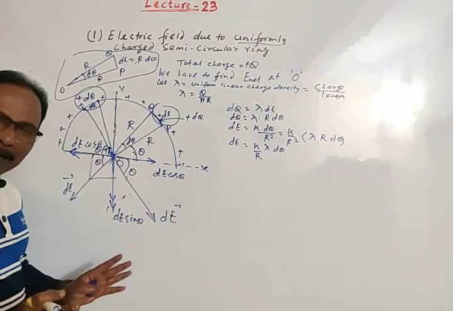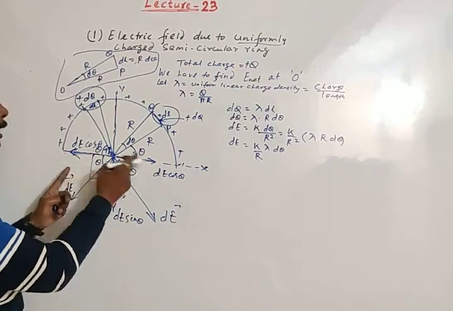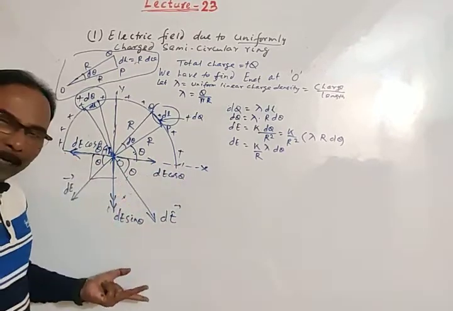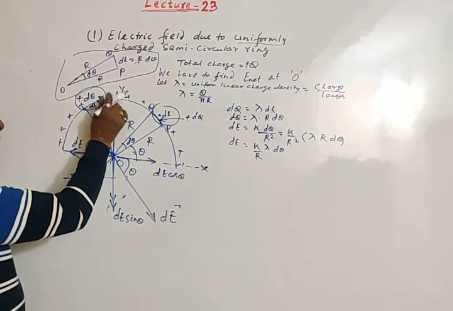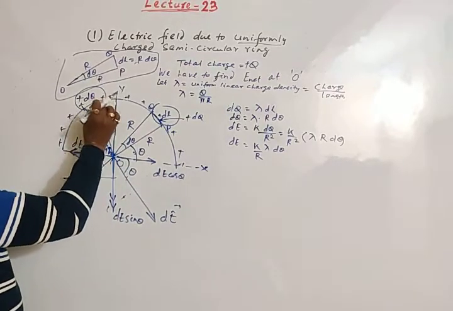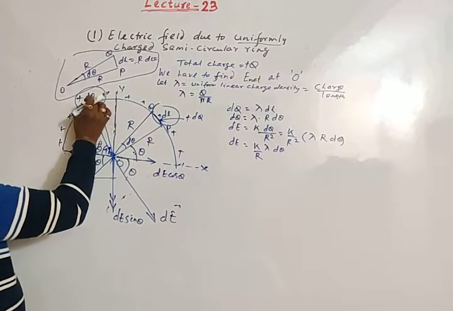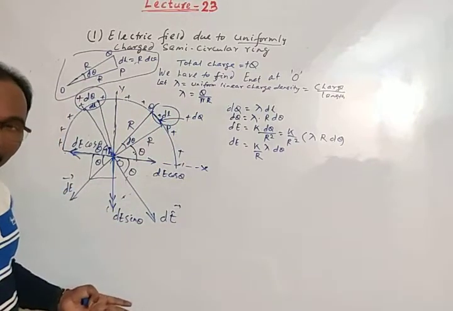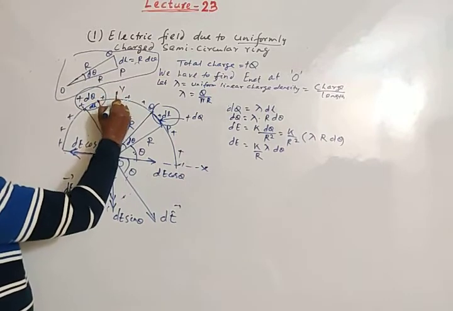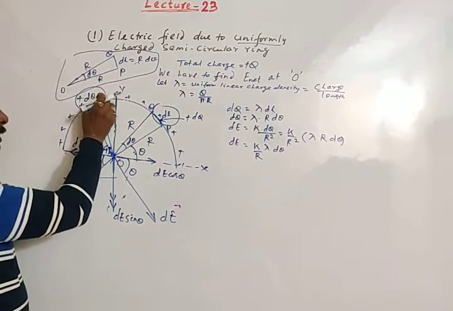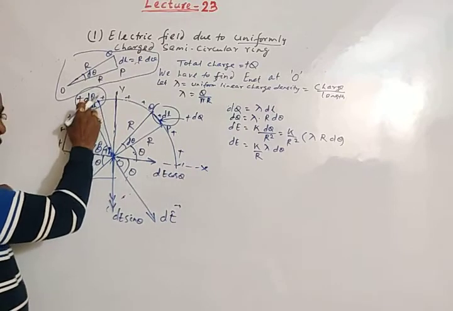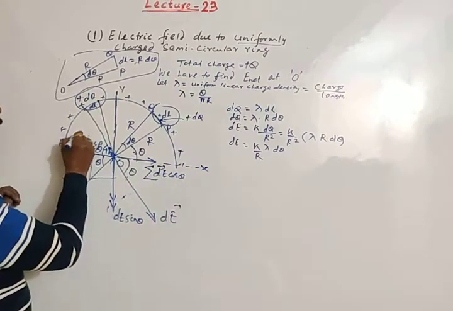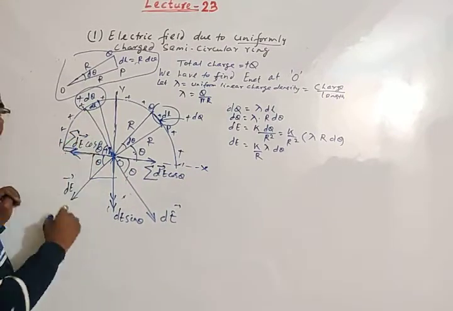Due to these elemental sections, dE cos theta and dE cos theta, which are in opposite direction but have equal magnitude, will cancel each other. Similarly, the whole equal segments dl along this side or along this side will have same electric field dE. Due to all these segments, each carrying charge dq, along x-axis this will be sum of dE cos theta, and this will also be sum of dE cos theta.